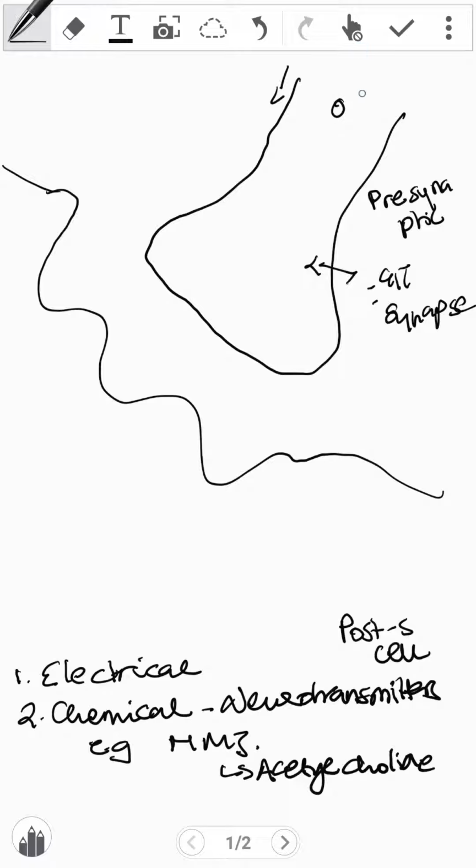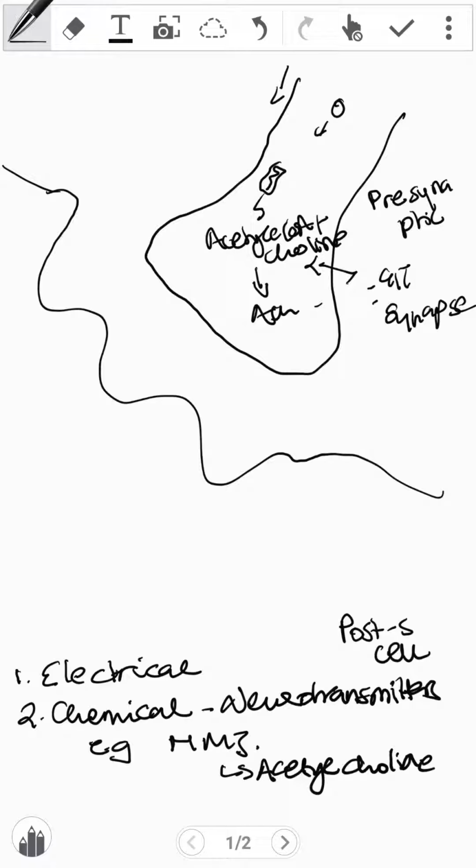Now, vesicles are coming from the cell body, clear small vesicles, and they come empty. Then we also have mitochondria, which produces acetyl-CoA. Now, acetyl-CoA plus the choline will give us our ACh.